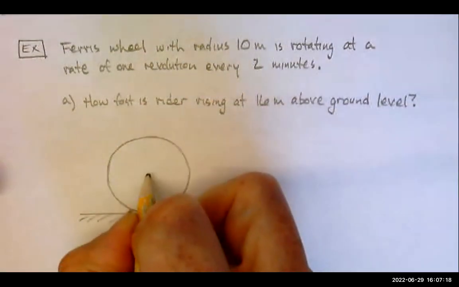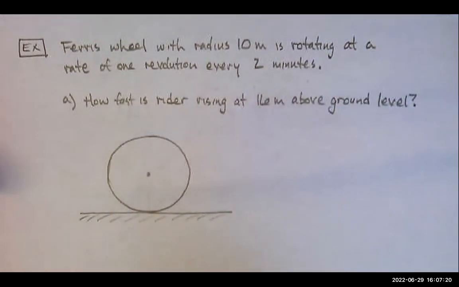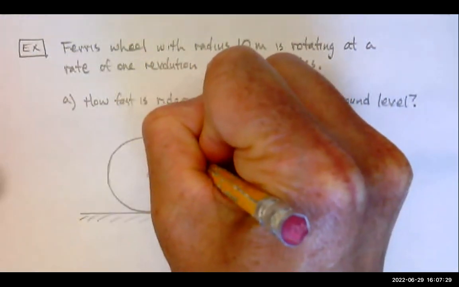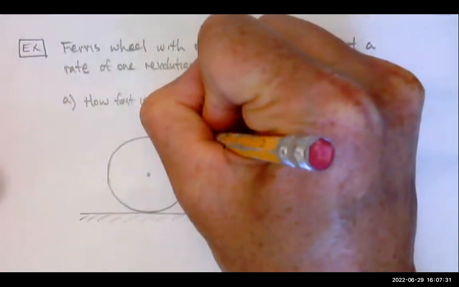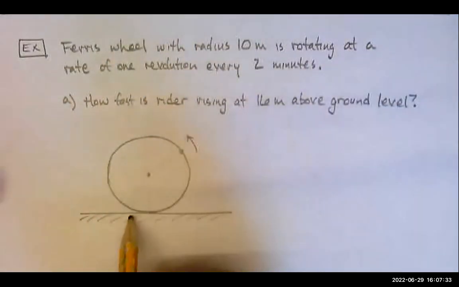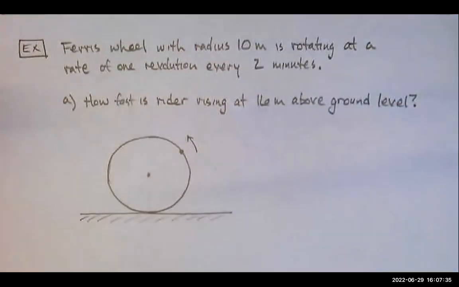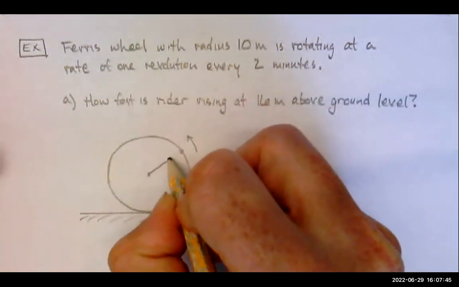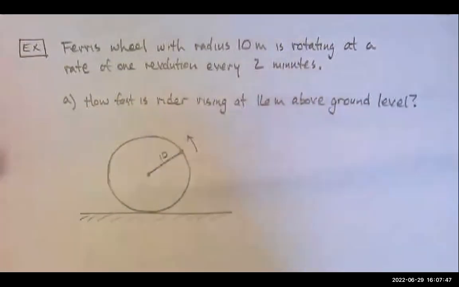Okay, so let's label maybe the center of the Ferris wheel. Now the person on the ride, they're up above halfway, right? 16 meters. So maybe I'll put them up here, and their little car is rotating kind of up and back. All right, looks good. We start to label the different parts. This distance here, we know our radius is 10 meters, right?